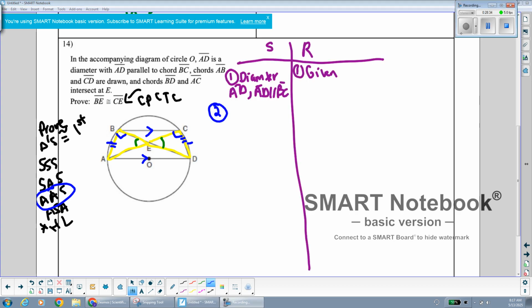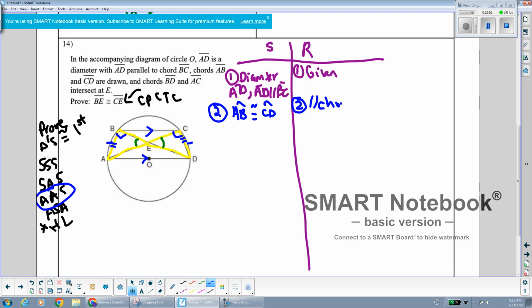Okay, so I wrote the givens already, and now I'm just going to transfer from the markings in my diagram to my proof. I'll start in the order that we did it. So I'll start with arc AB. Remember your symbols, being congruent to arc CD. Our reason from that was due to the parallel chords.